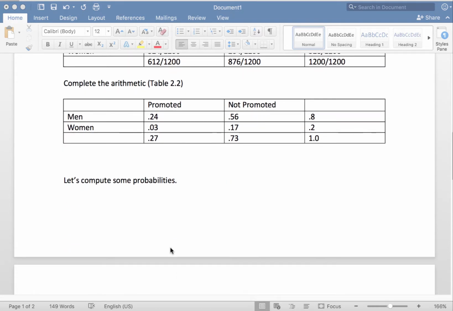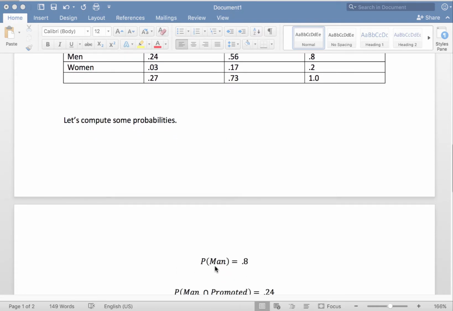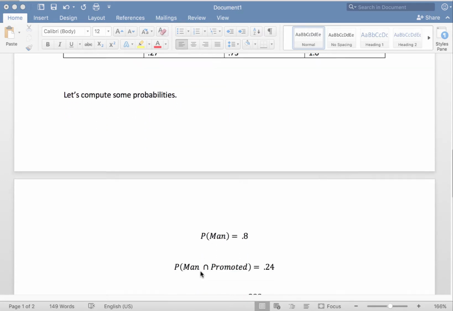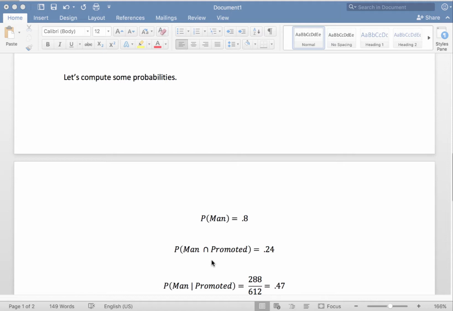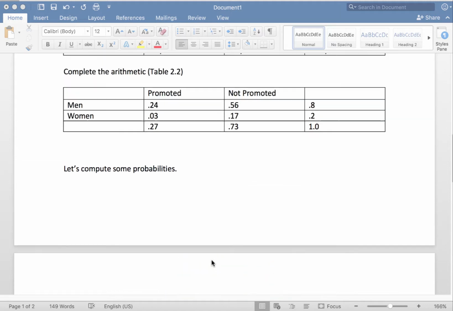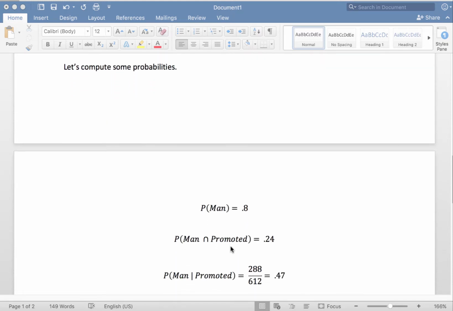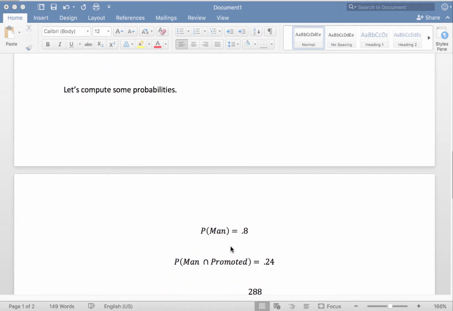So now we can compute some probabilities. As I said, the probability of a man is 0.8. That comes right out of here. The probability that the person was a man and promoted is 0.24, and that came right out of here. And now we get to the more difficult things. The probability that a person was a man given that he was promoted. That vertical bar, "given," means that you're not now selecting a person at random from a population of 1,200.